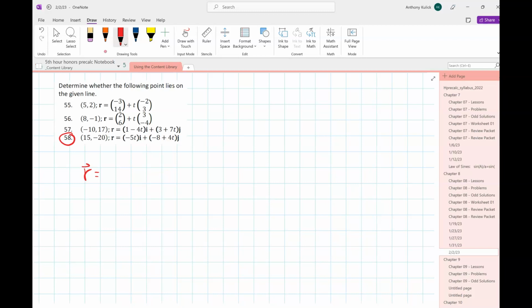So if I take a look at this first vector, really I have 0i minus 5ti. Let's write it plus a negative. And in the second, I have negative 8j plus 4tj. Oops, I wrote 4jt.